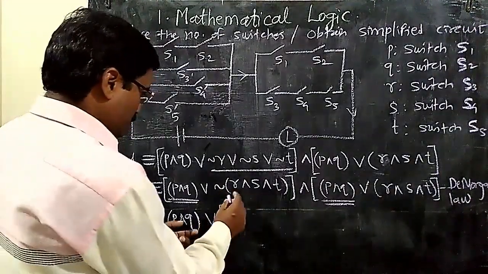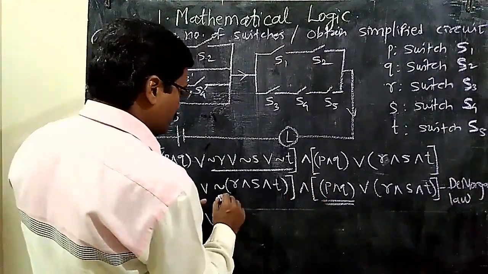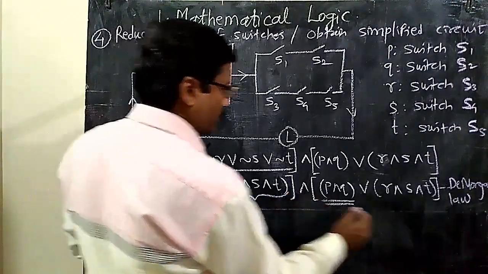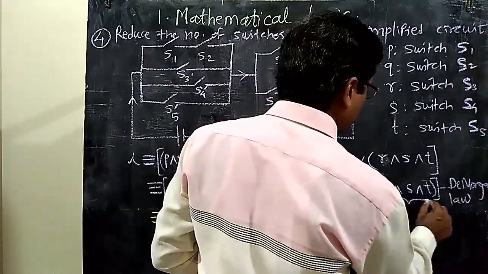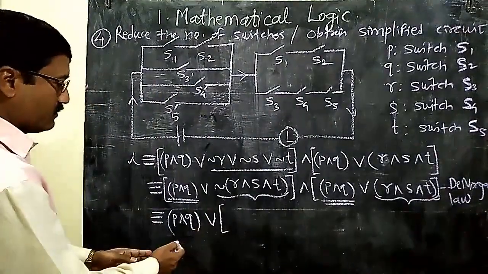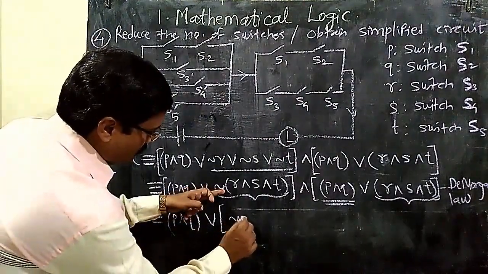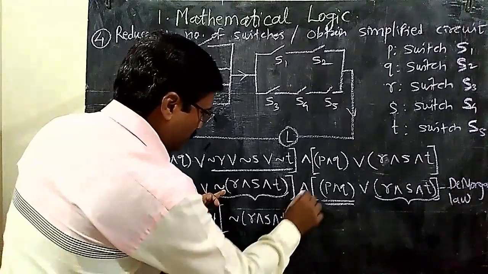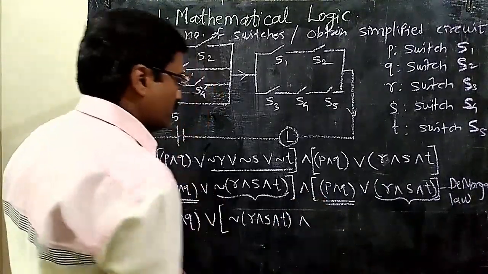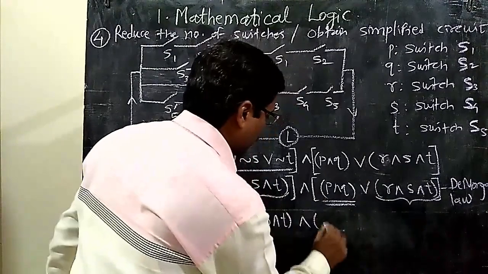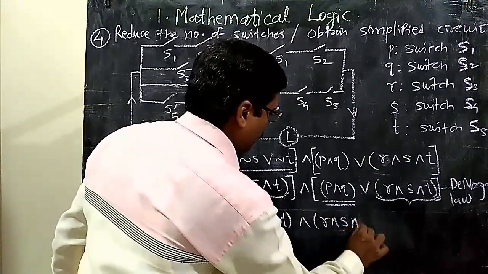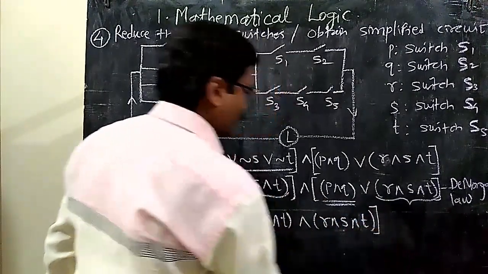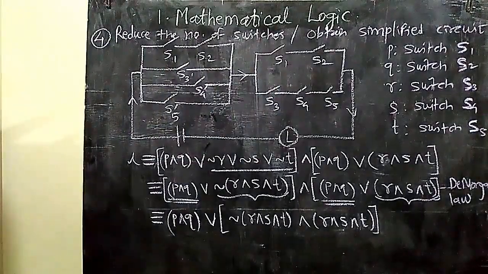Now this is the first statement, we can consider this as second and this as third. So first is taken common, second as it is, negation of R and S and T, and this R and S and T. So which property have we used here?